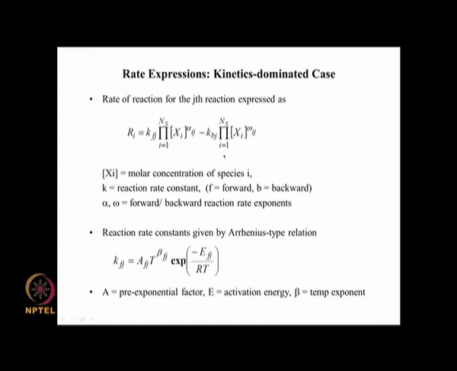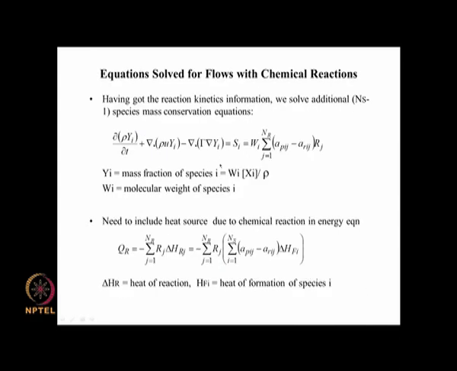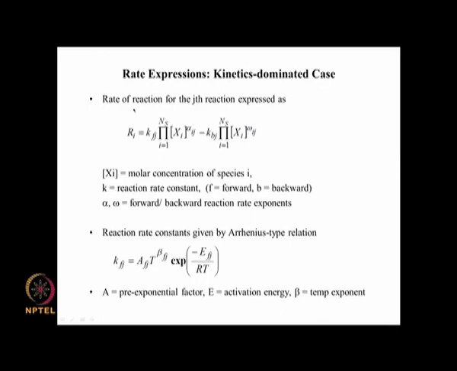So, we can have either this type of chemical kinetics controlled reaction, or we can also have a turbulence dominated kind of thing, which we are not going to discuss here. So, this is a general framework for expression of the reaction in terms of specified orders of the reaction, concentration of the reactants and products, and forward and backward reaction rates.